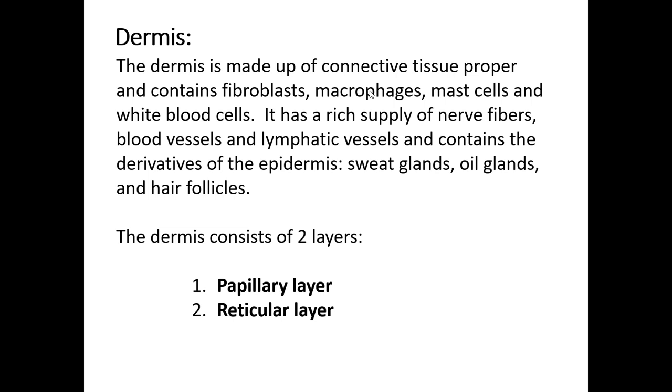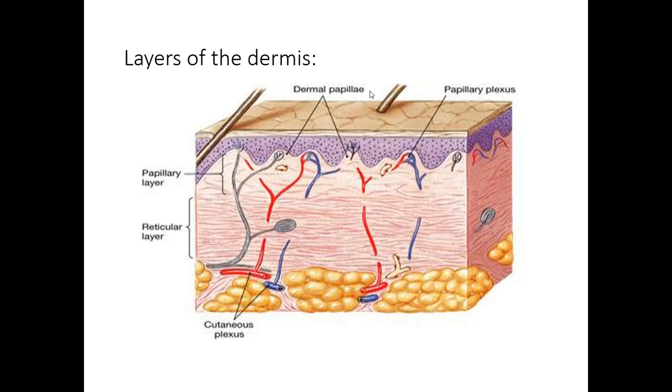Derivatives of the epidermis are sweat glands, oil glands, and hair follicles. The dermis has two distinct layers, the papillary layer and the reticular layer, that we will look at individually. So on this diagram, you see the layers of the skin.